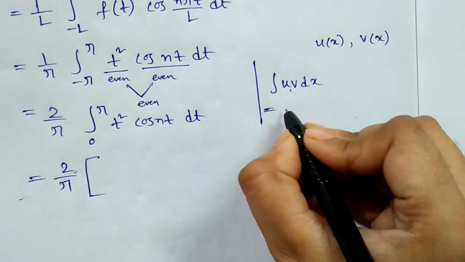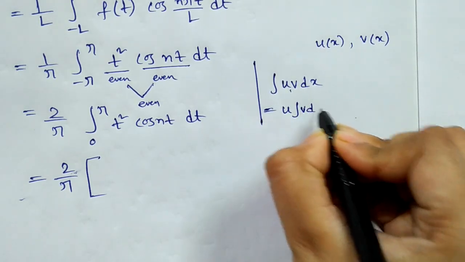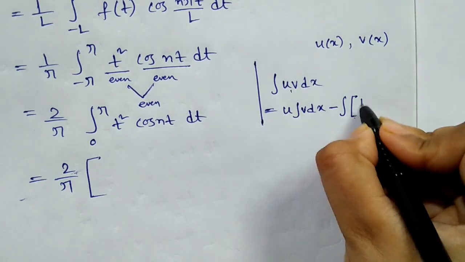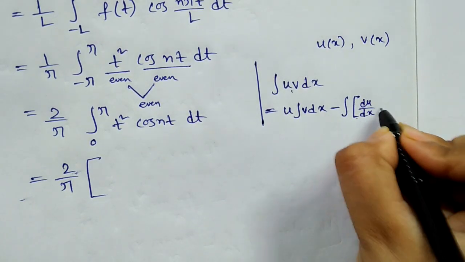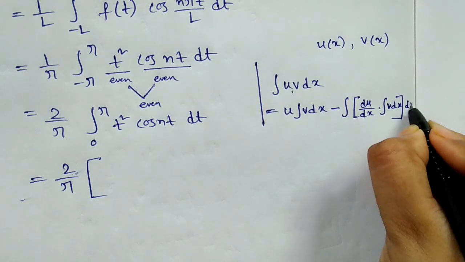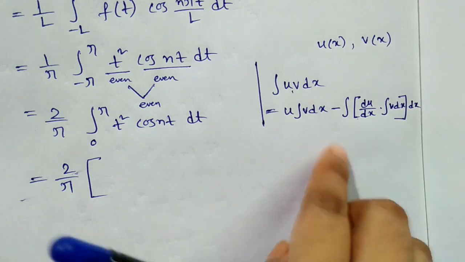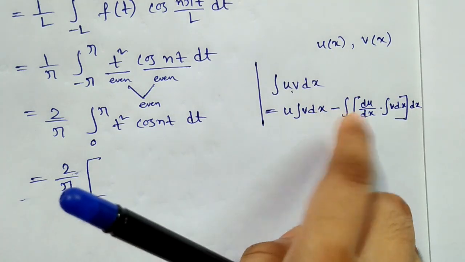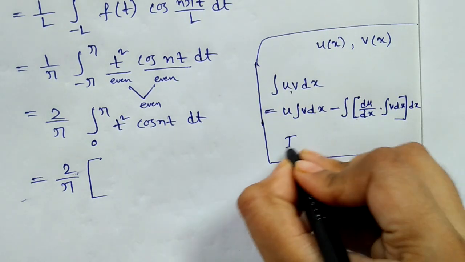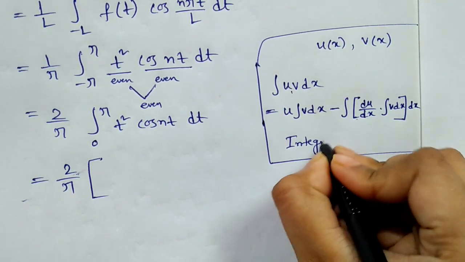So this is equal to u integration v dx minus integration of du/dx into integration v dx, dx. This dx is for this outside integration. So this is called integration by parts.